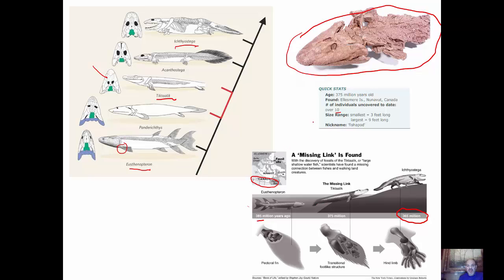And sure enough, in rocks that were around 375 million years ago in Canada, they actually discovered this. So the discovery of that fossil fit with the prediction. So there's the element of what makes this science, is that the theory can predict this, and then you go out and you look and you observe and you find evidence that actually fits with that prediction.